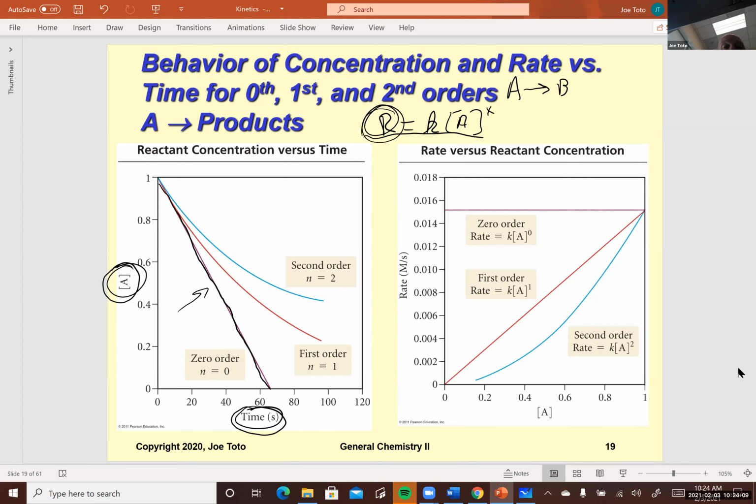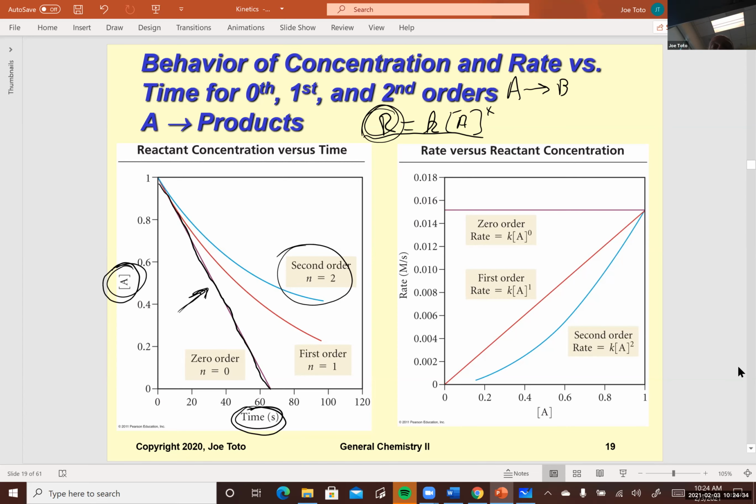The rate should be constant because it equals a constant, and it is. First order, you see it kind of tails a little bit. And then second order, it bends even a little bit more here. As the time goes on, the concentration has more of an effect on the rate.